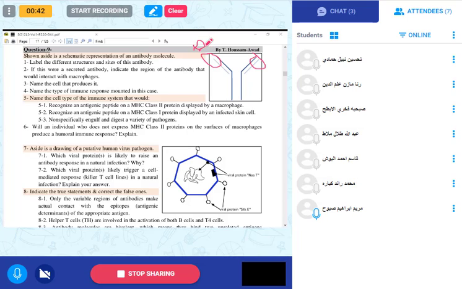Okay, where do you think it could also bind to macrophage? From the lower part. Why? Because after it binds to the antigen from the top, the macrophage binds from the bottom to engulf both the antibody and antigen and digest them. Okay?